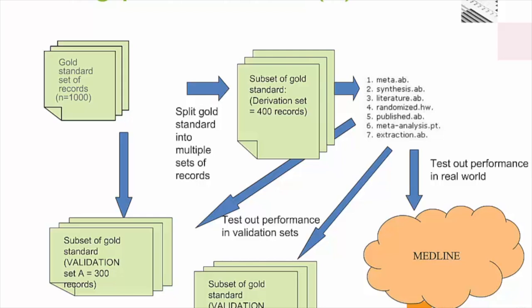And we've got 2 test sets, and we've got a derivation set where we've developed our strategy, and then we've got 2 subsets where we might validate our strategy, or we might use one as a second test set after we've improved our strategy, and then do a final validation on a 3rd set. And then over in the orangey cloud on the right, we've got some testing out of performance in the real world.